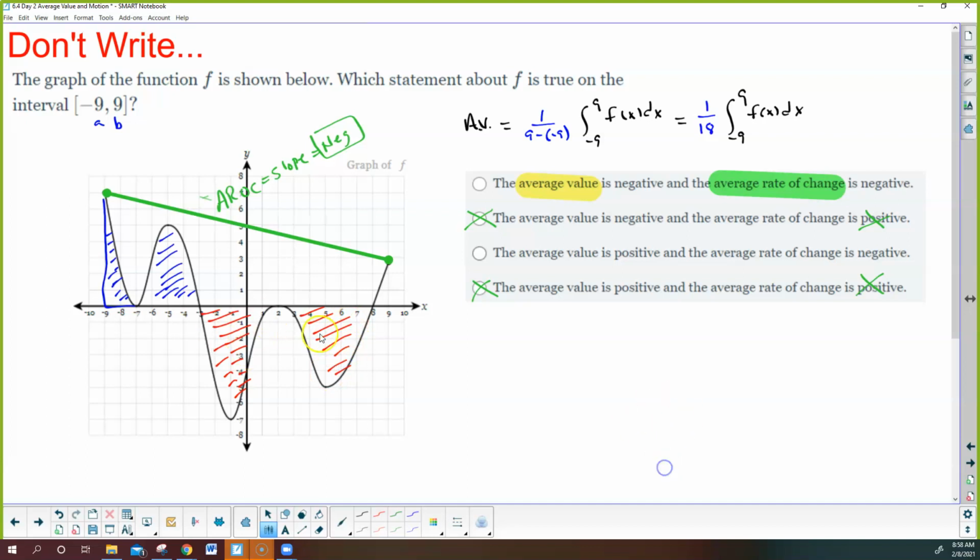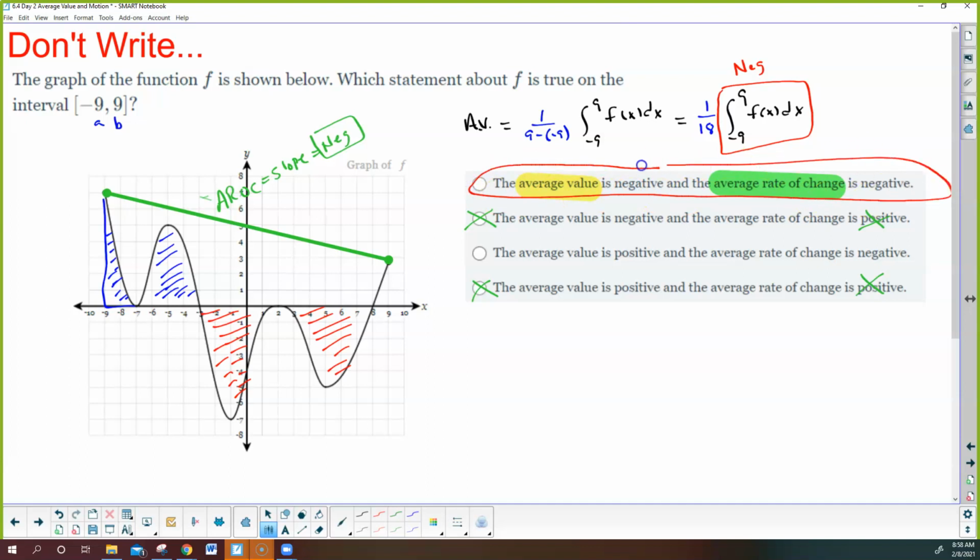So just by looking at this, I have more negative area than positive. My conclusion is that this region is going to be negative because there's more red area below the x-axis than above. And multiplying by 1/18 doesn't change the sign value. So the average value is negative and the average rate of change is negative.